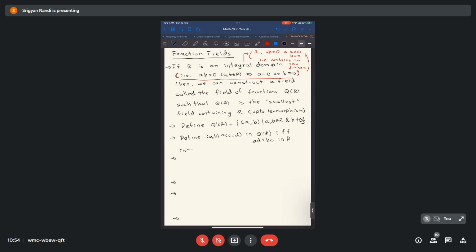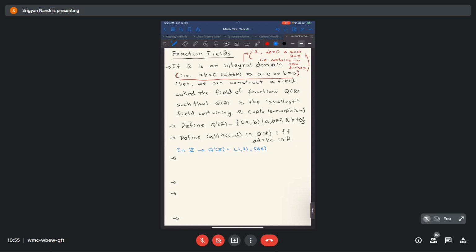For example, in Z, if we define the same ordered pairs and define Q dash of Z, we could have the ordered pair (1, 2) and also (3, 6), which although distinct, we would like them to be equivalent since we want them to represent the same fraction.